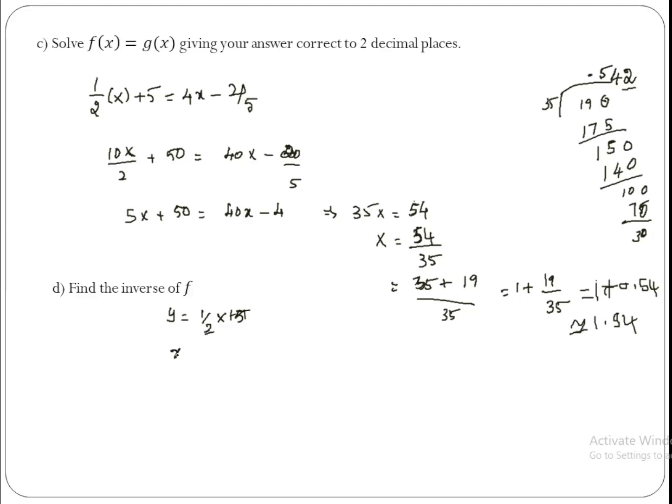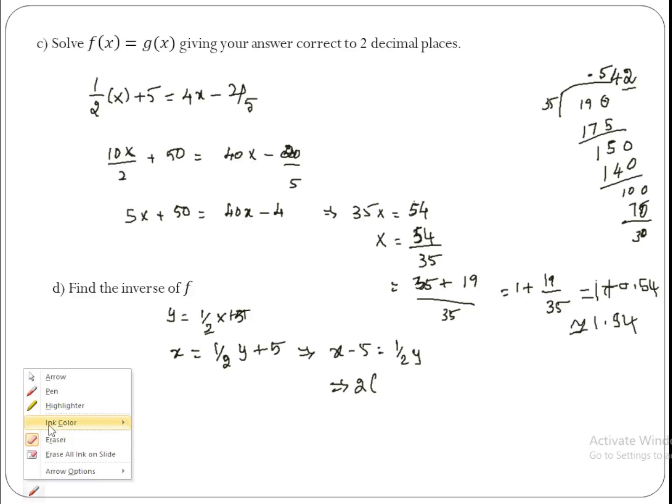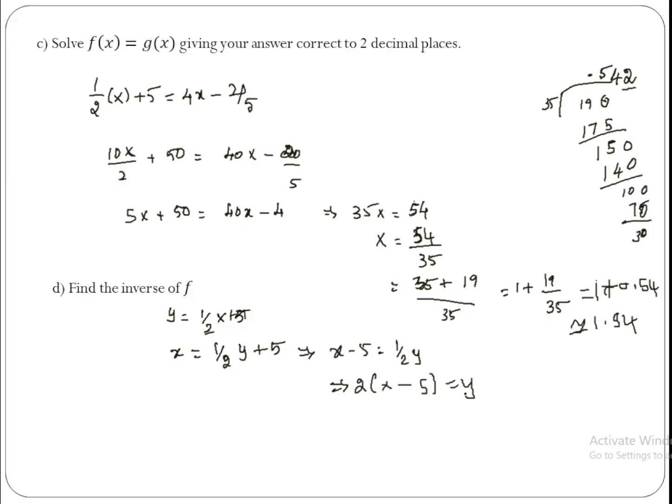Then we can replace x by y, and then rearrange the terms. x minus 5 equals half of y, and we can multiply by 2. So 2 times x minus 5 equals y. So we have the answer for f inverse also.